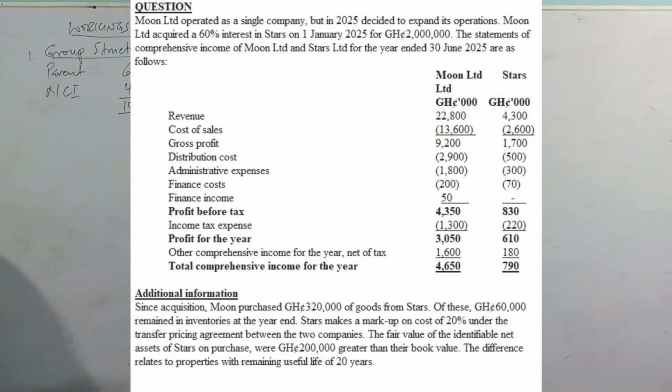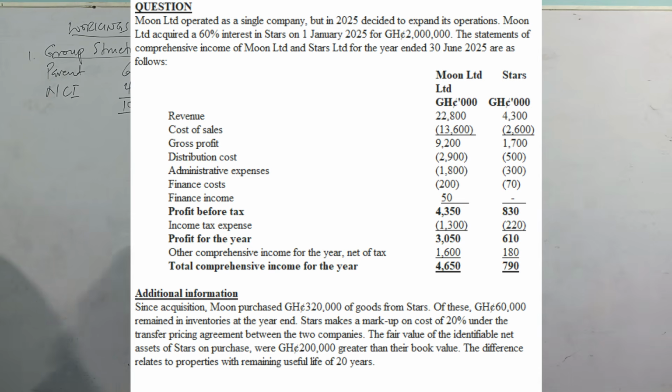The statements of comprehensive income of Moon Limited and Stars Limited for the years ended 30th June 2025 are as follows. We have already gone through that, but I want you to pay attention to something. You see that after administrative expenses, we have finance costs of 200 for Moon and 70 for Stars, and then also there is finance income of 50.